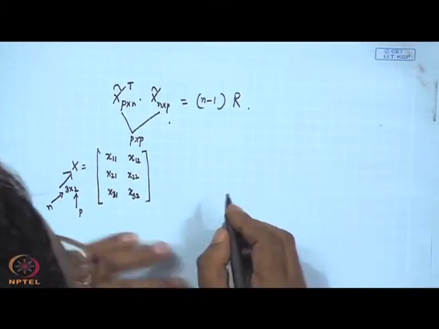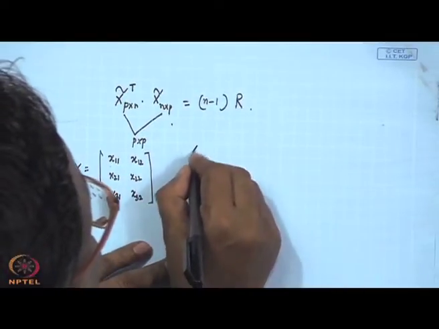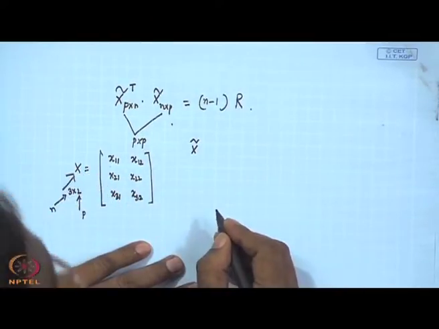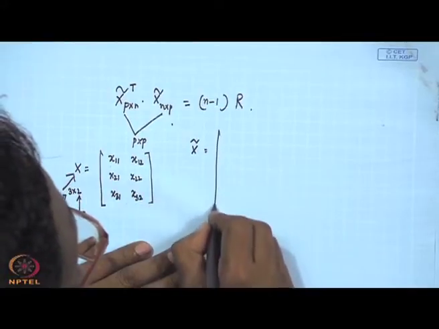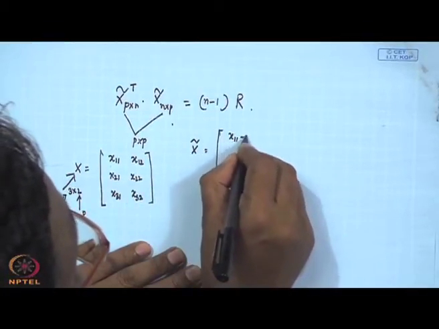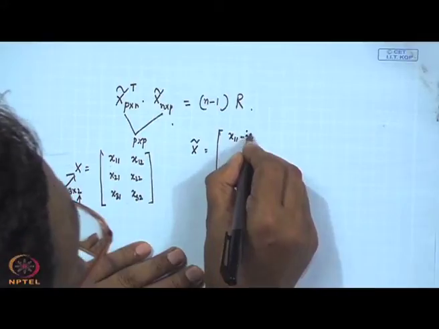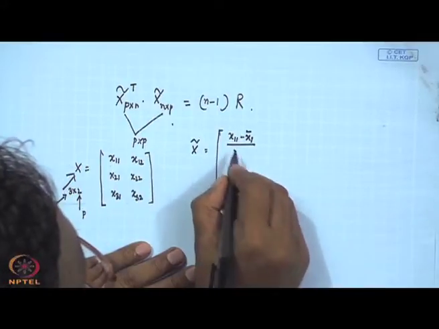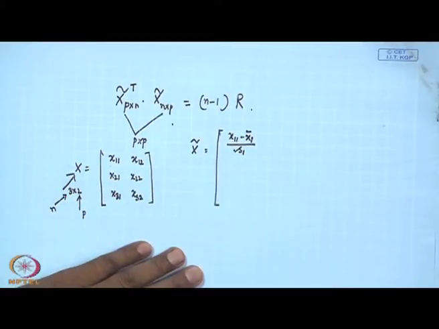Okay. Then what you are creating here is x tilde. This is nothing but (x11 minus x1 bar) by s1, with s1 written instead of the square root of s11.